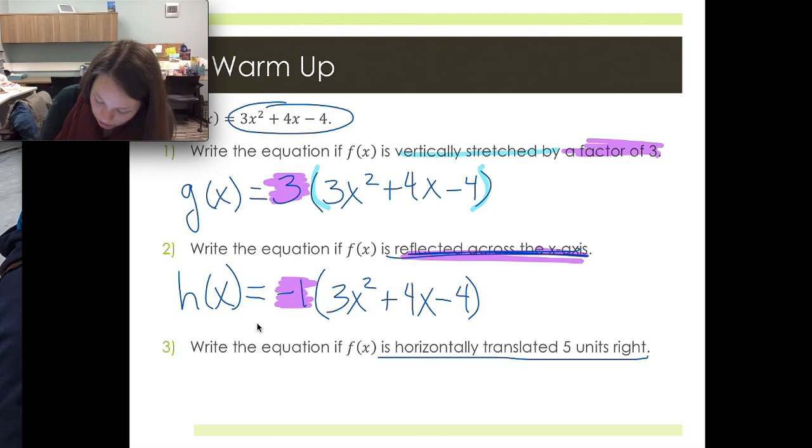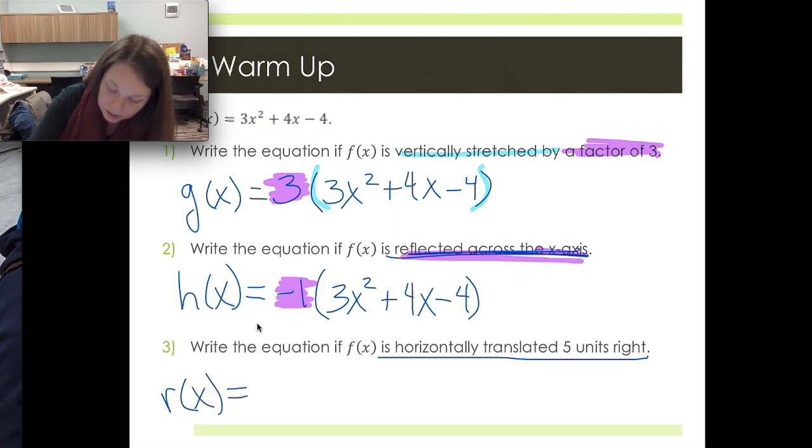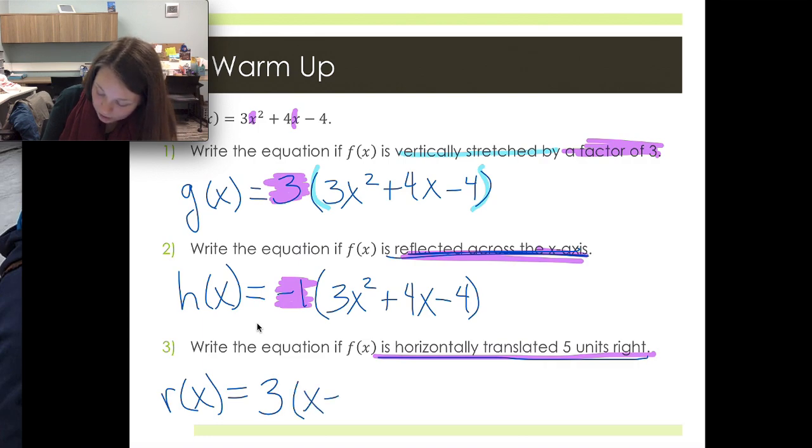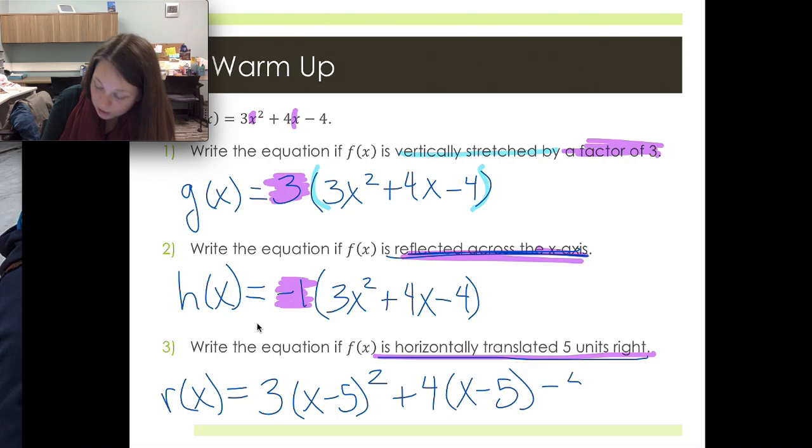And so what that looks like for us is all of our original x's in this equation are going to represent this transformation, because this is a horizontal transformation which is directly affecting our x values. So I'll have 3 parentheses x minus 5 close parentheses squared plus 4 parentheses x minus 5 close parentheses, and then -4.